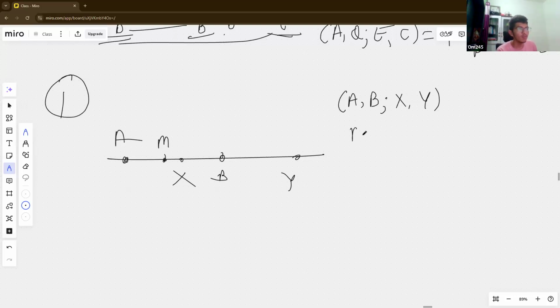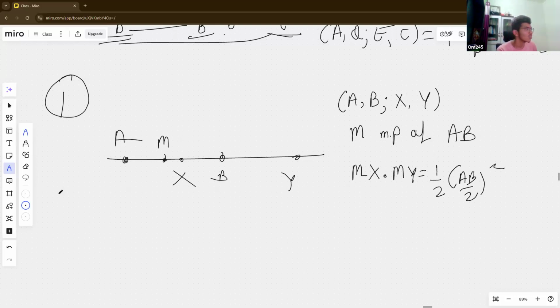Let M be the midpoint of AB. Then there are two facts. First of all, MX into MY is equal to half of AB, no, AB half squared, not half. Ignore this. Or more likely call it MA squared.